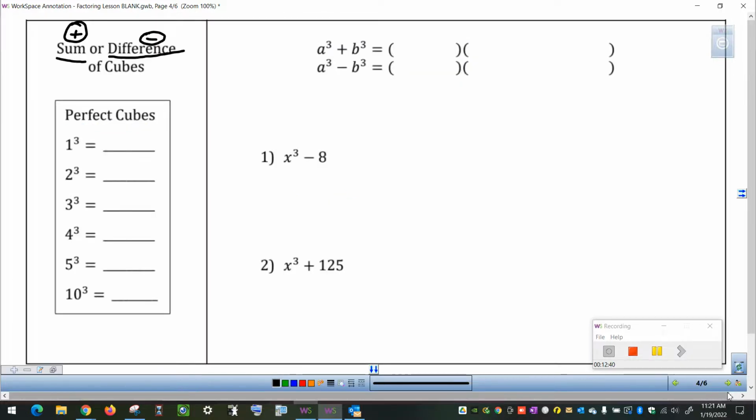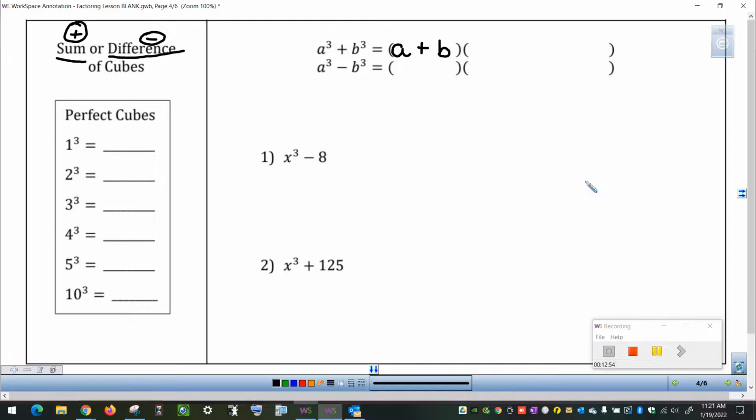So the first one here, the a cubed plus b cubed, is going to start with a binomial multiplied by a trinomial. And so inside of the binomial, we're going to fill in a regular a plus b. So technically, a would be the cube root of the first part. b is the cube root of the second part.